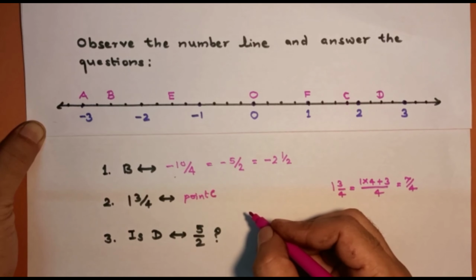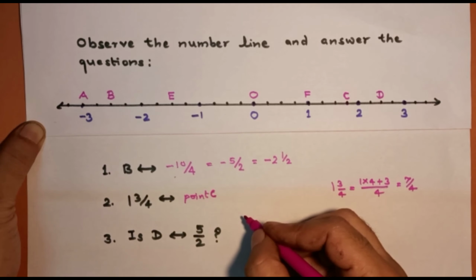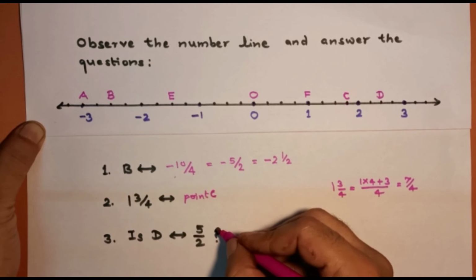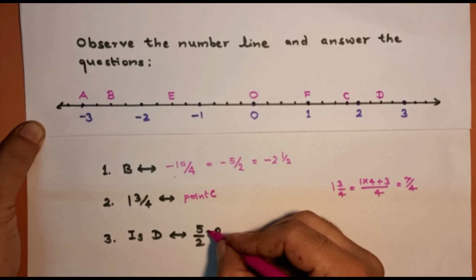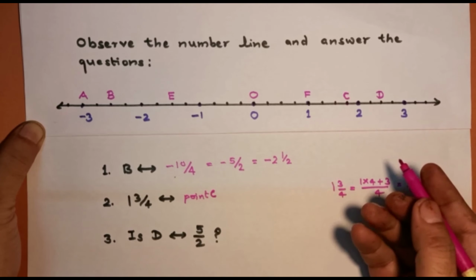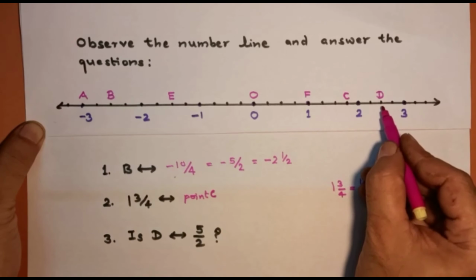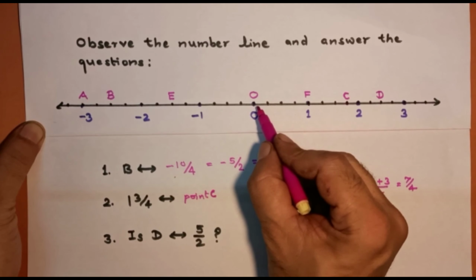Next question is, state whether the statement point D denotes the number 5 upon 2 is true or false. That means it is very clear, 5 upon 2 is nothing but 10 upon 4. Let's see the other way around. D is here. Count from 0.